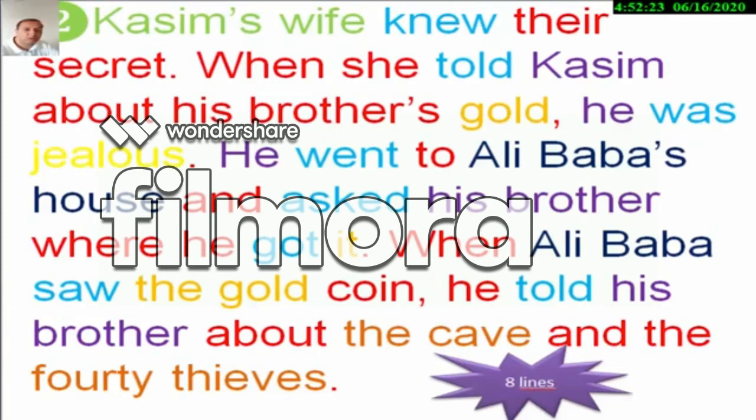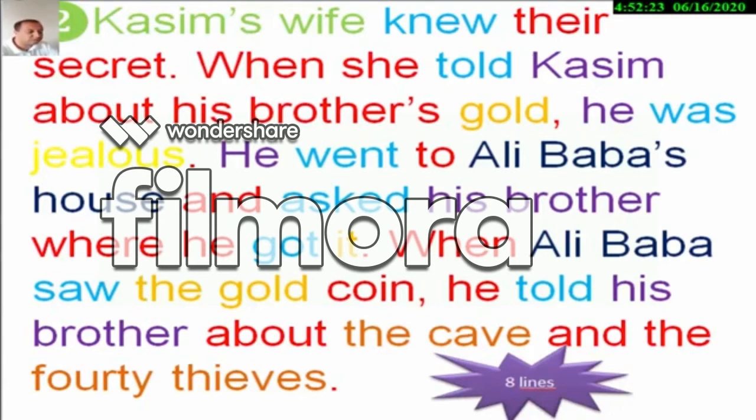He was jealous من القاسم أصبح غيورا. إذا حينما أخبرت زوجة القاسم زوجها... انتبهوا كثير من الغيرة. Again Qasim's wife knew the secret. Qasim's wife knew the secret when she told Qasim about his brother's gold بمعنى ذهب أخيه.